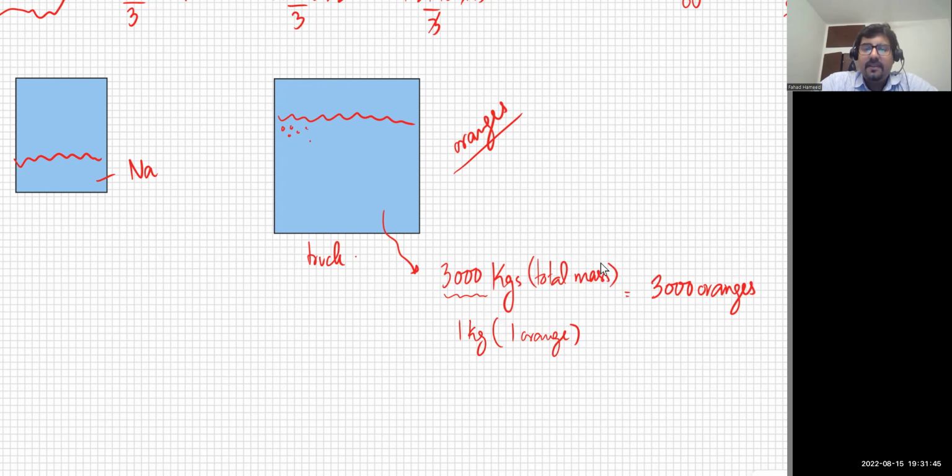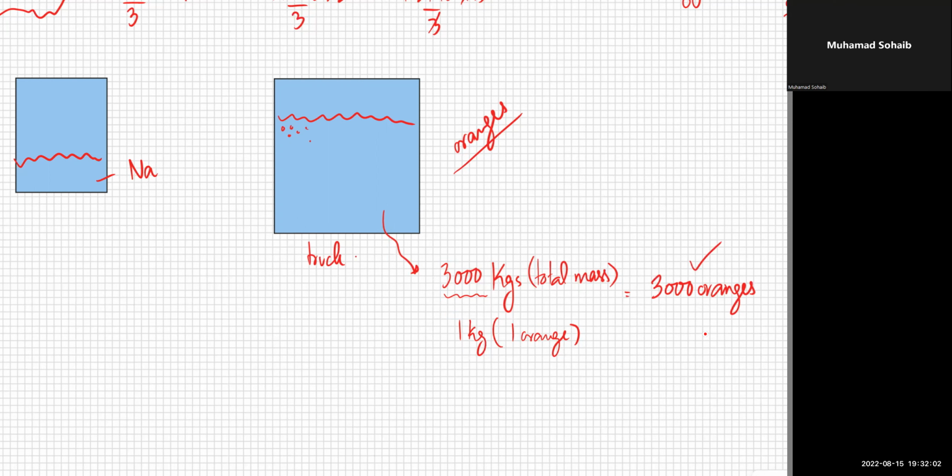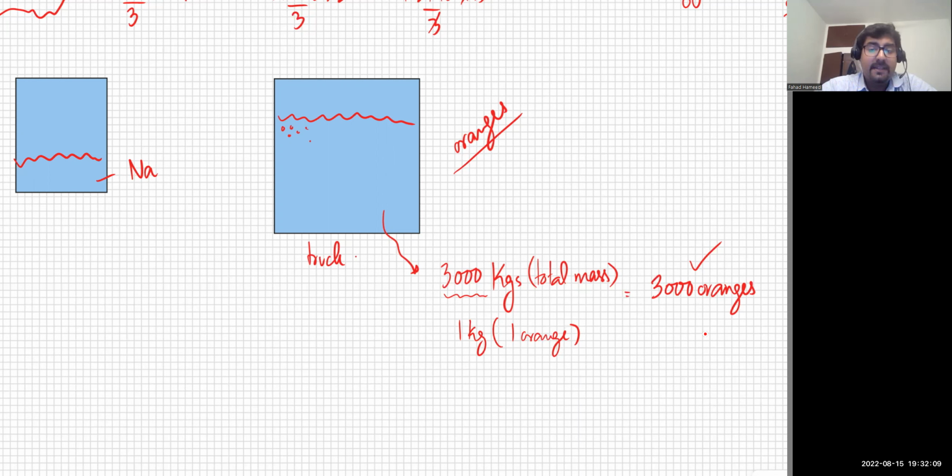If the entire stock has a mass of 3,000 kg and one orange has a mass of 1 kg, that means I've got 3,000 oranges, right? Is the idea clear? This is another way of counting or estimating the number of oranges you've got. Is this clear?